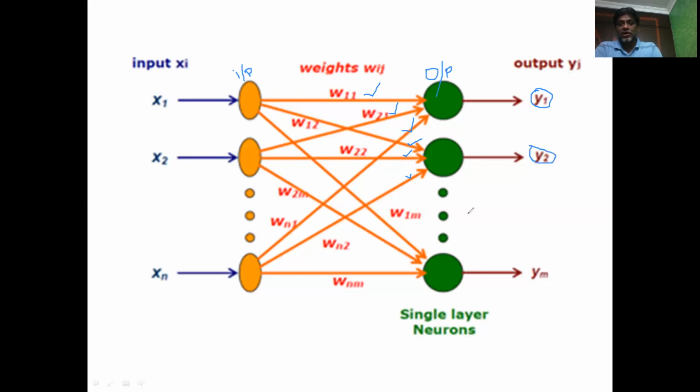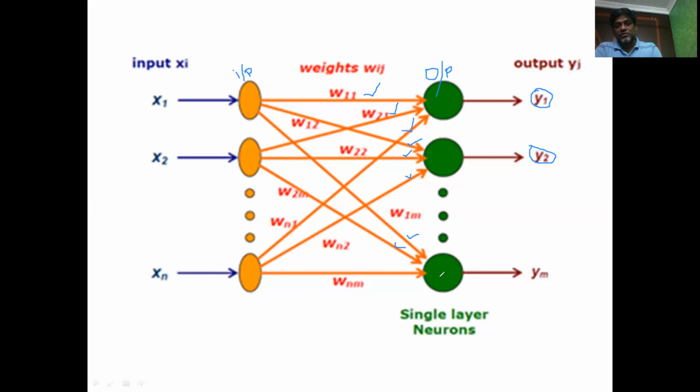And so on, the last neuron is calculated as x1 into w1m plus x2 into w2m, because these are the arrows connecting the weights over here, and so on, xn into wnm.